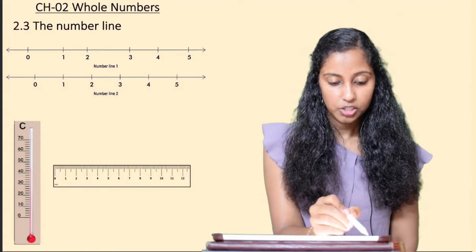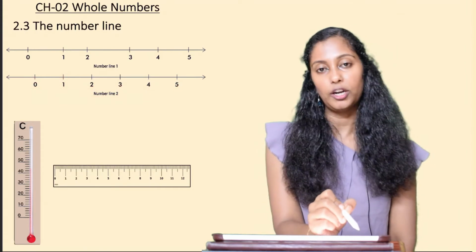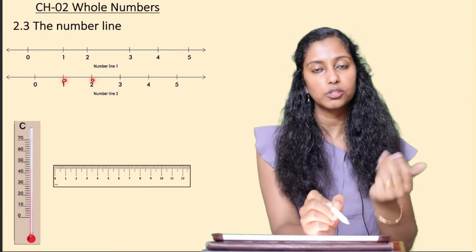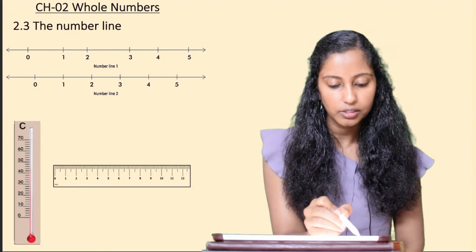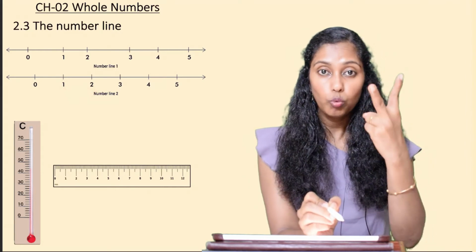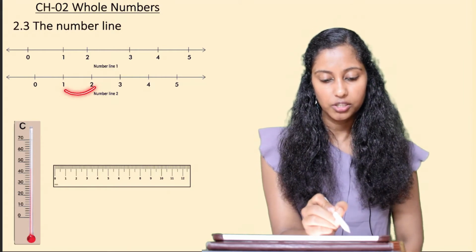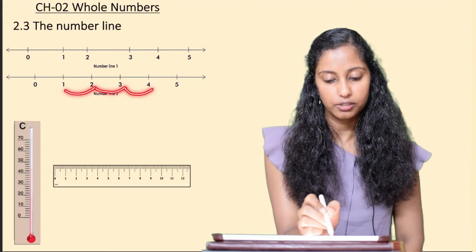So the distance between 0 and 1 is called unit distance. Similarly, the distance between 1 and 2 is also called unit distance. So what is unit distance? The distance between two consecutive numbers, next to each other, is called unit distance.